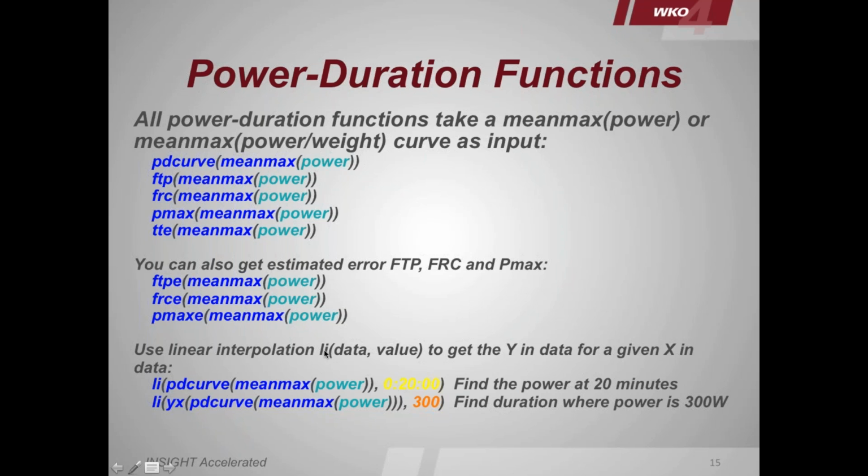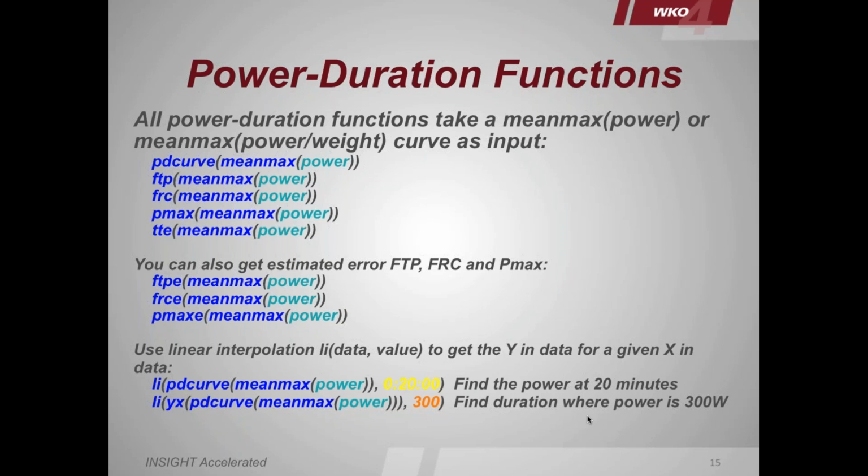There's a new function that I created called linear interpolation that lets you pick data points off of a curve. So if you take the PD curve, I can find out what the power is at 20 minutes. And if I flip the x and y-axis, I can reverse that and find the duration where power is 300 watts.